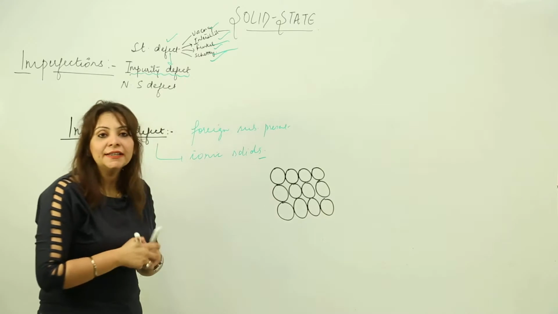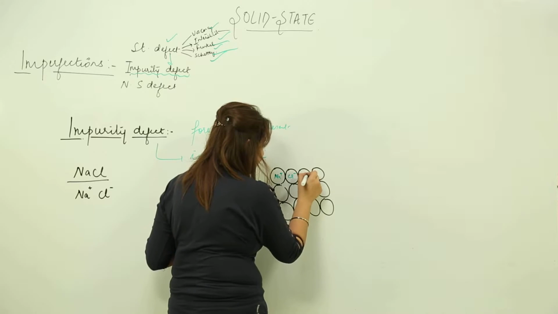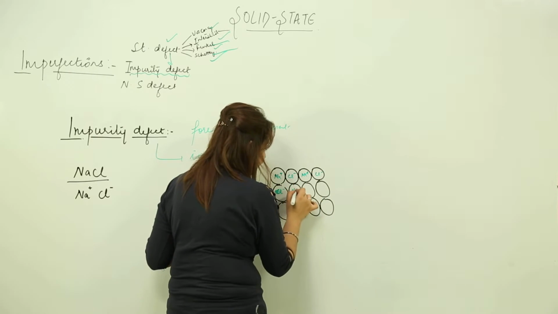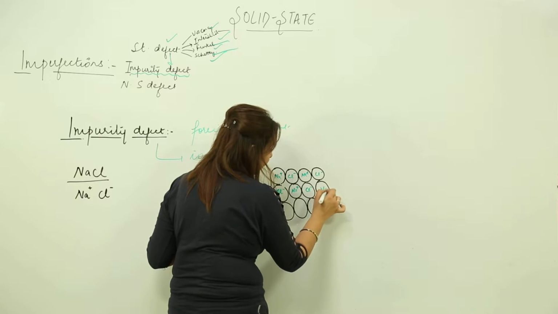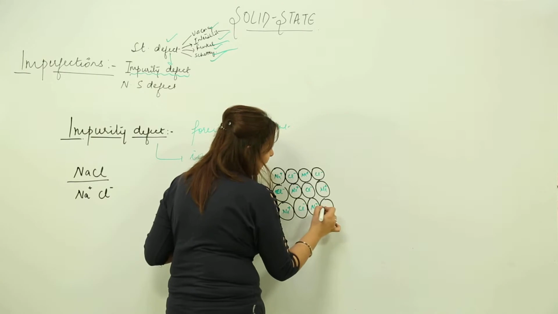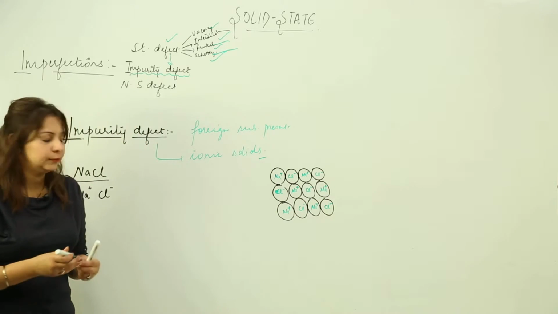So I will just write the names Na and Cl. Na positive, Cl negative, Na positive, Cl negative, and so on, because you have to keep in mind that the same charges should not reside next to each other, right. So suppose this is a crystal.